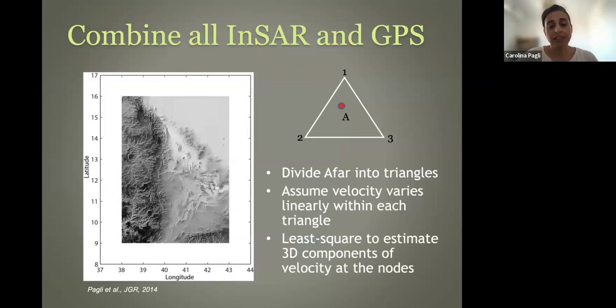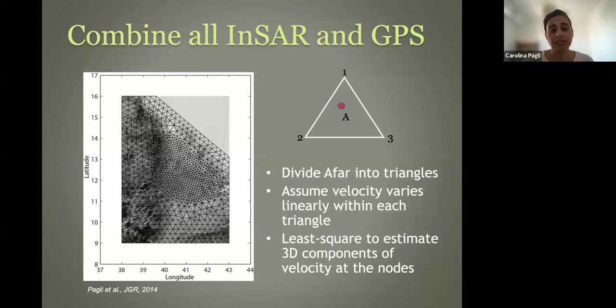Another step that we normally do is that because InSAR comes in the satellite geometry, it's not easy for us to visualize it in 3D. It's not easy for everyone. So there are now methods to combine different data from InSAR with the GPS and try to extract the real 3-dimensional displacement field.